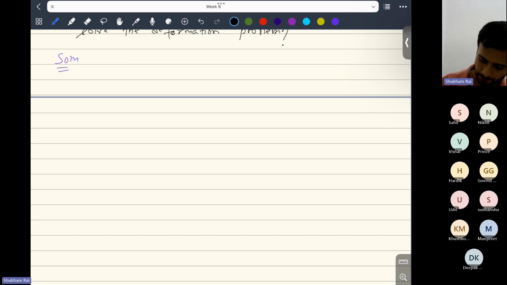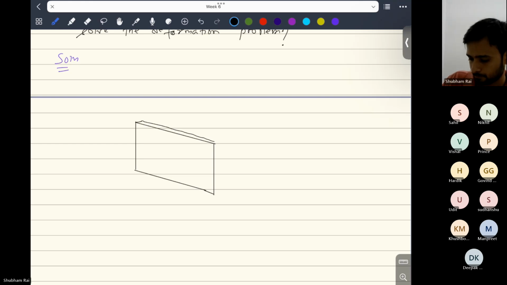So let's say you have this plate. Okay. And it's clamped at this edge. From here it is clamped.